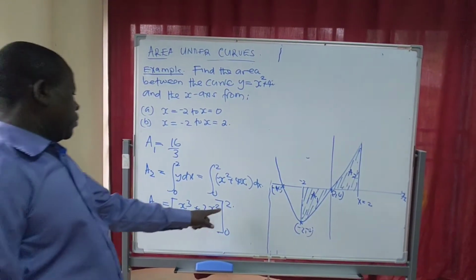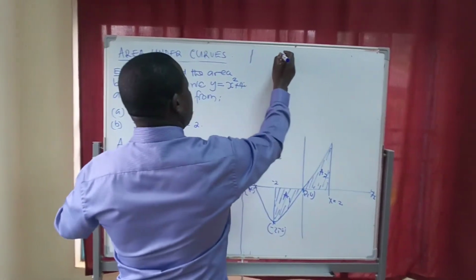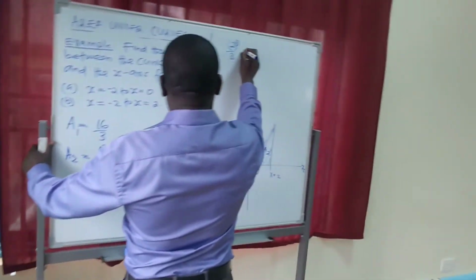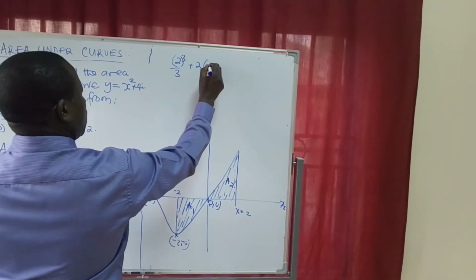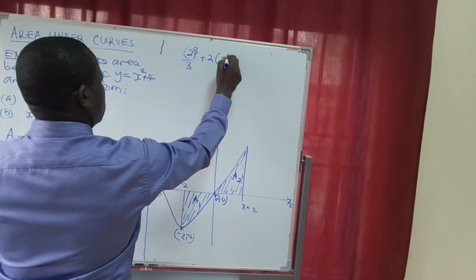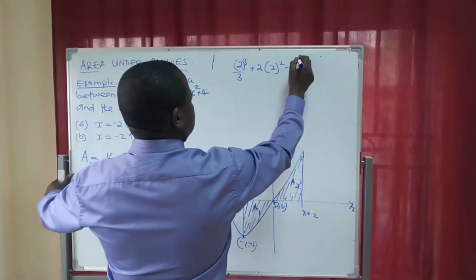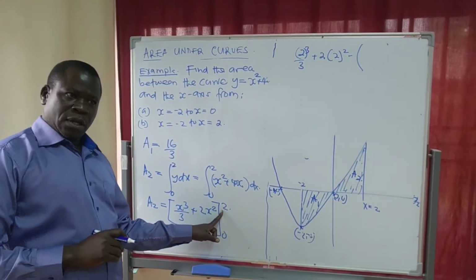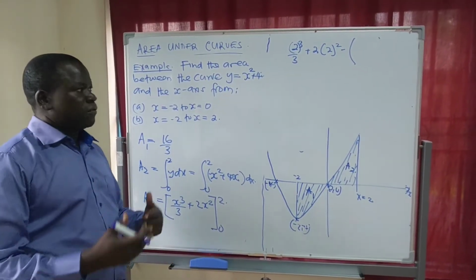So I can now bring back my x, where x is now 2, I get 2 to the power 3 over 3 plus 2 into 2 to the power 2 plus 4 times 2, minus, remember I start with the upper limit. It is the upper limit minus the lower limit. Don't do the reverse of it.